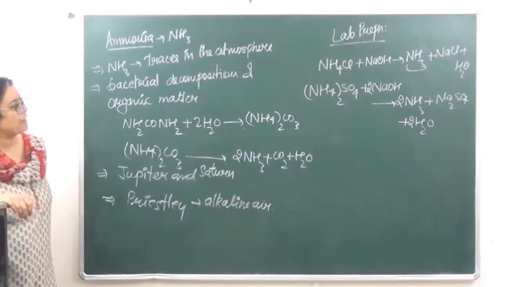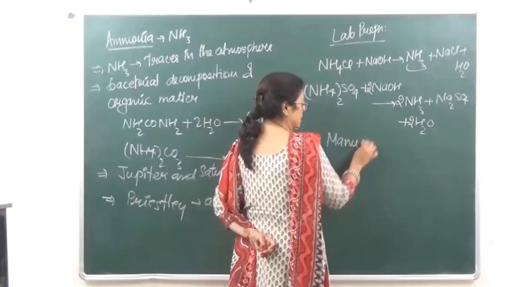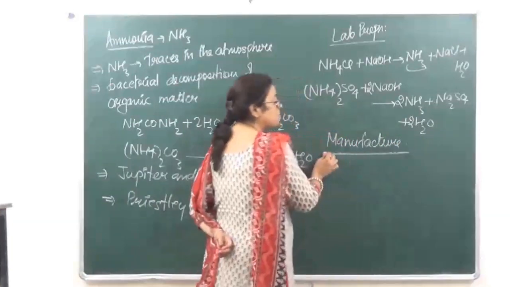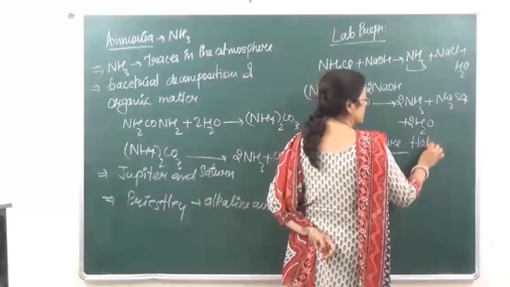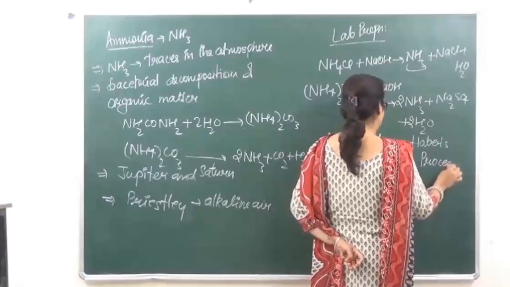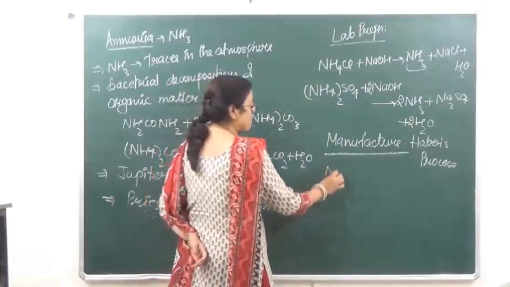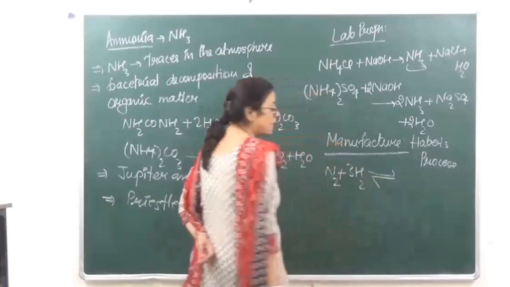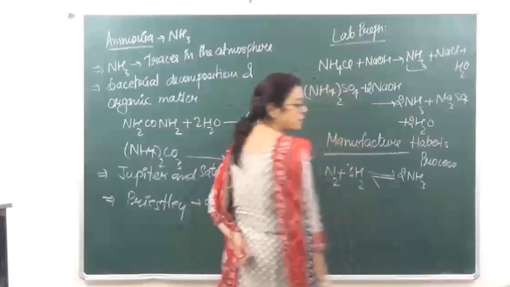Now when we are doing the manufacture of ammonia on a large scale, the manufacture of ammonia is done by a process which is known as Haber's process, in which we are combining nitrogen with hydrogen to give us ammonia.